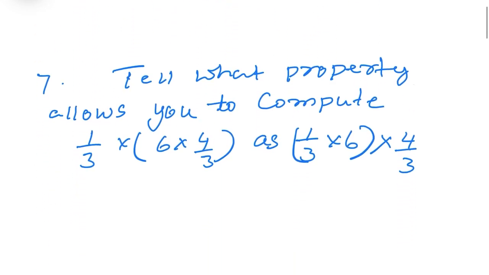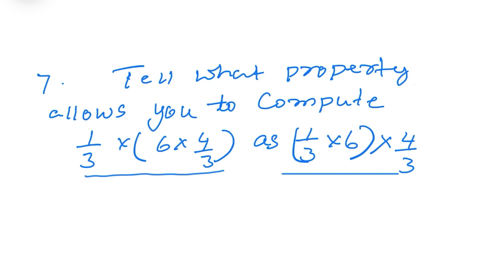Next sum. Tell what property allows you to compute this one. 1 by 3 into 6 into 4 by 3 as 1 by 3 into 6 into 4 by 3. To calculate the value of this expression, the first one is like this. We have written like this to compute its value.